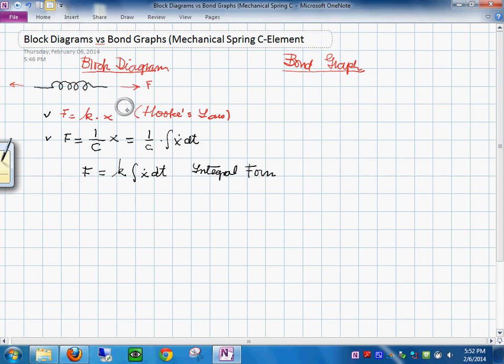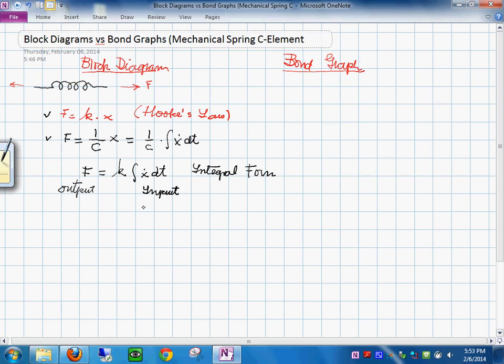Also, what does it imply? It implies that if x is the input here, or if the velocity is specified, the output is going to be F. So why don't we write it down in here? This is my output, and this is my input on this side. Given this input, you get this output.